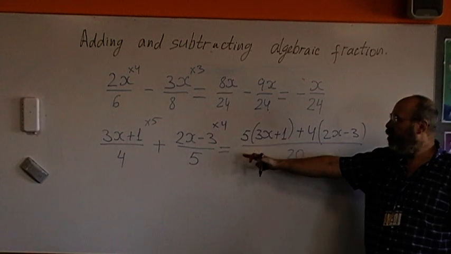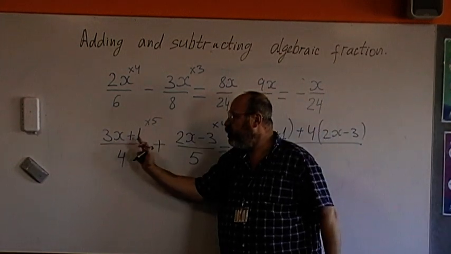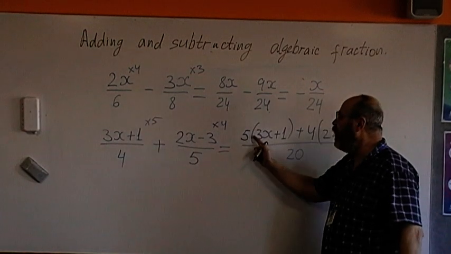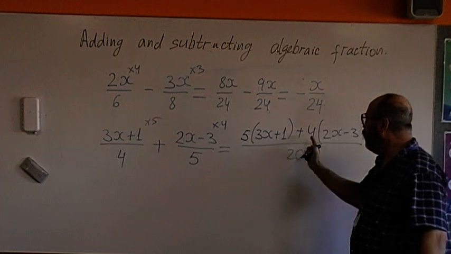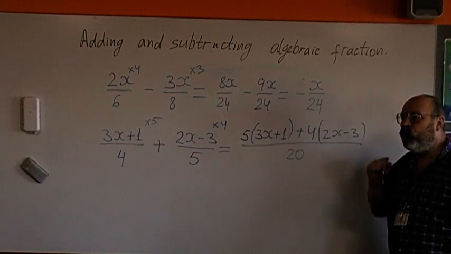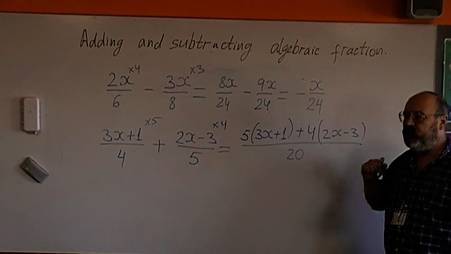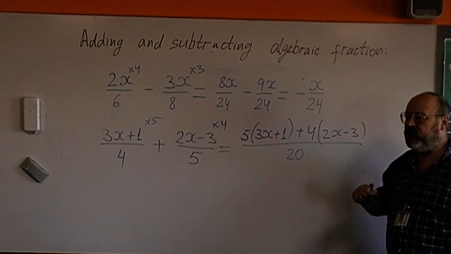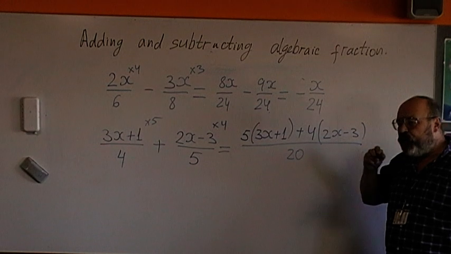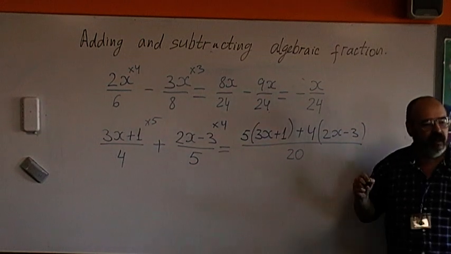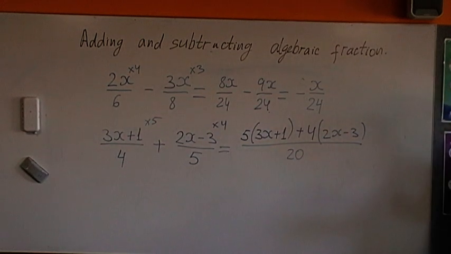Write it down. We times this by 5, so that means 5 times numerator plus 4 times numerator. Always write. You put a little bit more on the paper, you will have more chances to avoid silly mistakes.